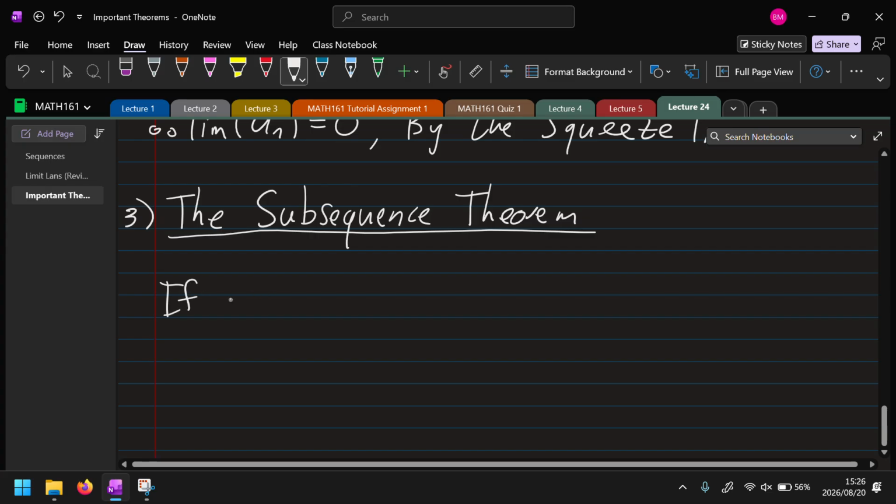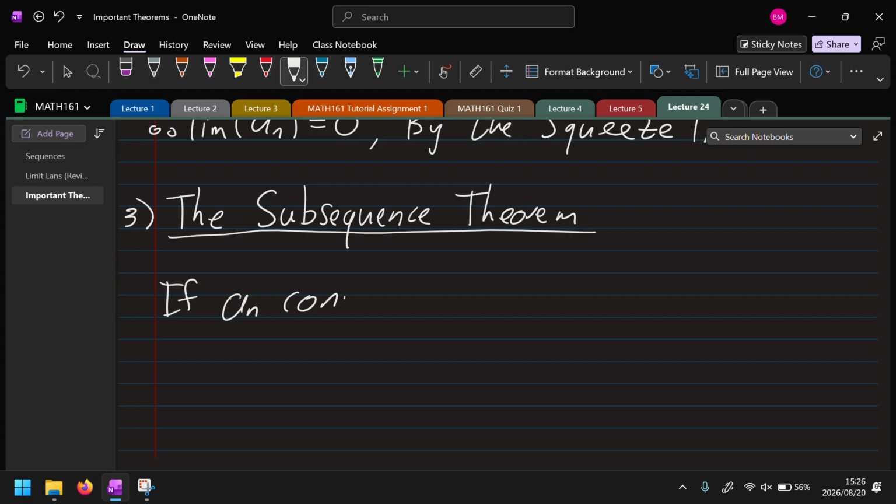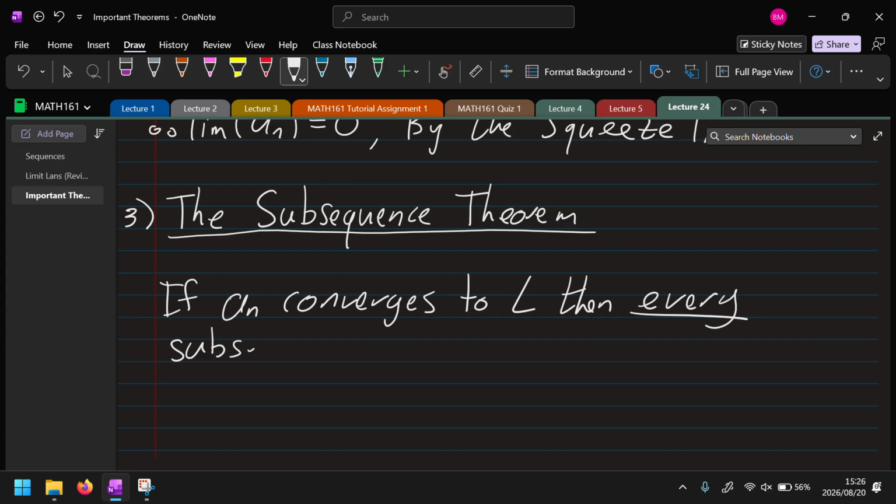Okay, if the sequence a sub n converges, okay, so we can test that if it converges or not. Converges to L, some limit value, then every subsequence also converges to L.